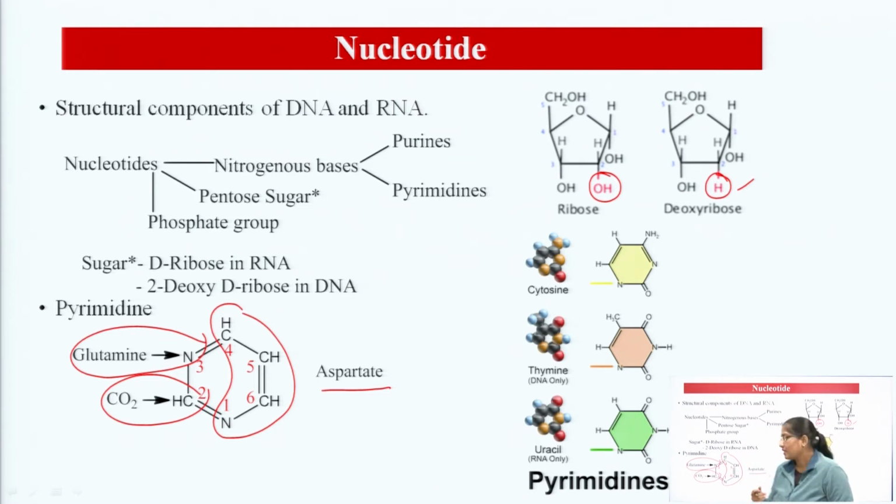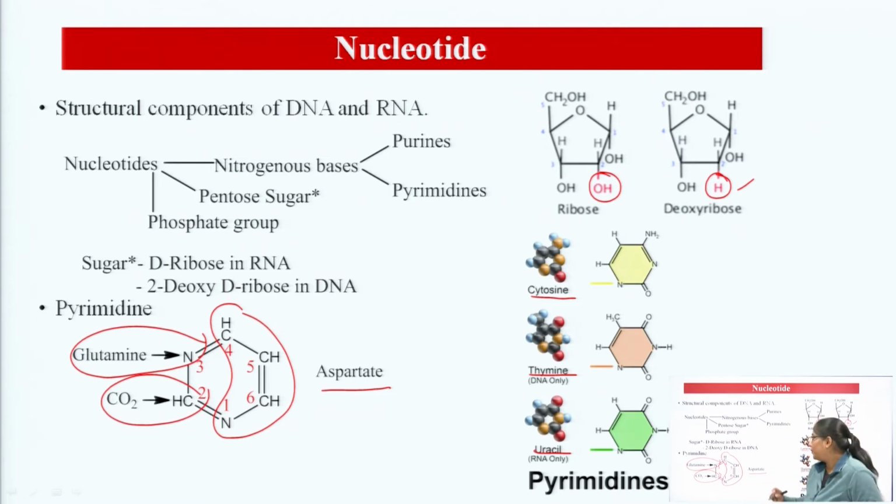One more thing: there are 3 pyrimidines, that is cytosine, thymine and uracil. Specifically, it has to be remembered forever that thymine is found only in DNA, whereas RNA has uracil in it.